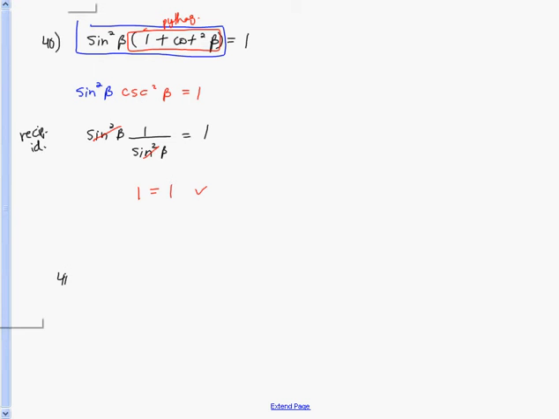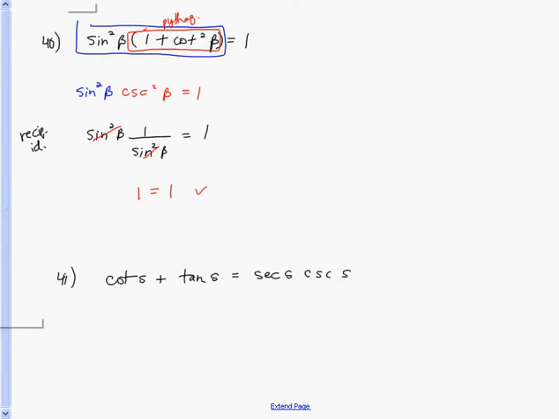Number 41, we have cotangent of s plus tangent of s equals secant of s times cosecant of s.